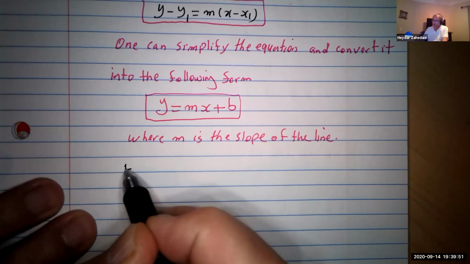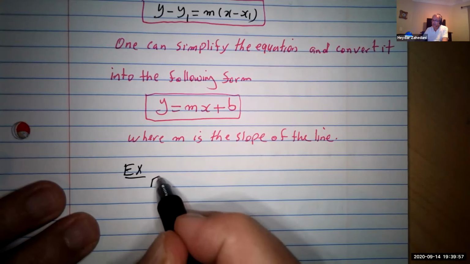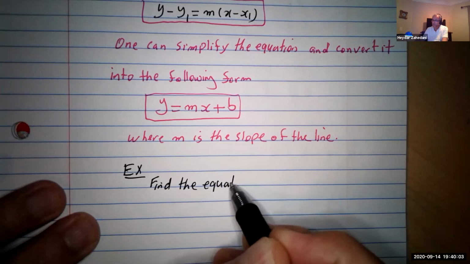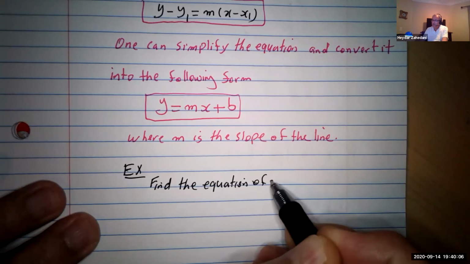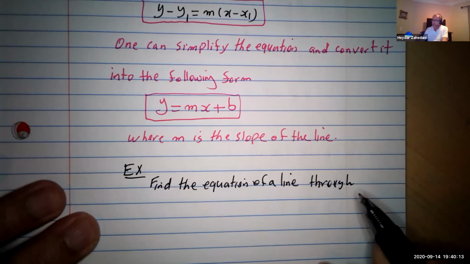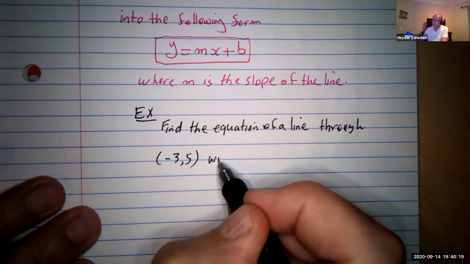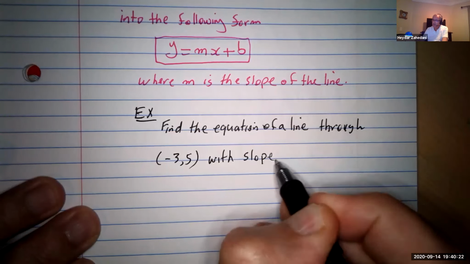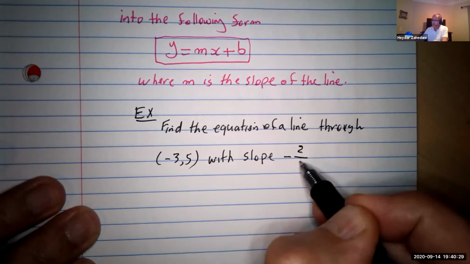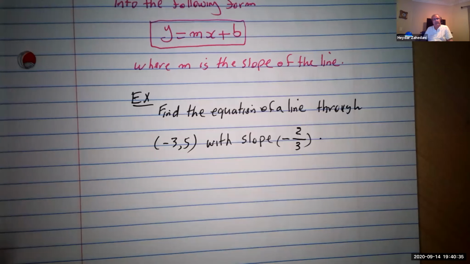So just to remind you, find the equation of a line through the point (-3, 5) with slope -2/3. It's a straightforward problem.